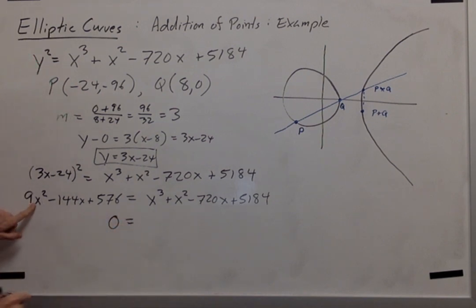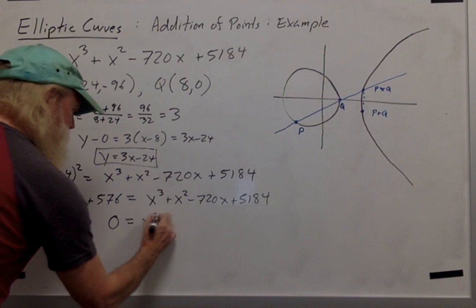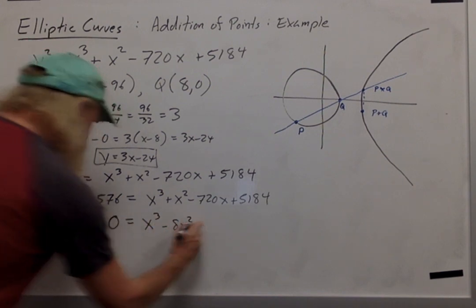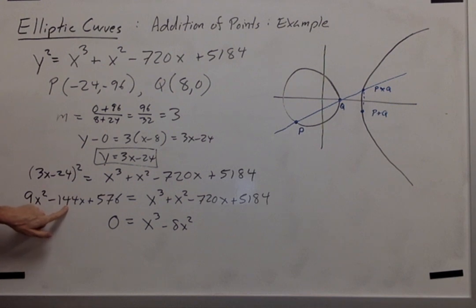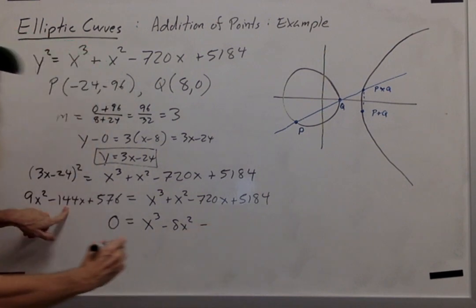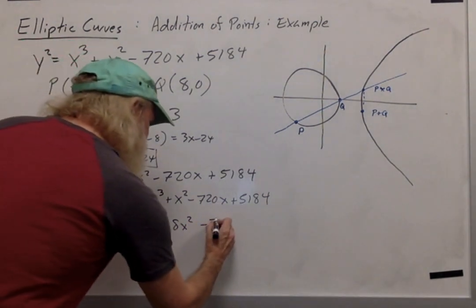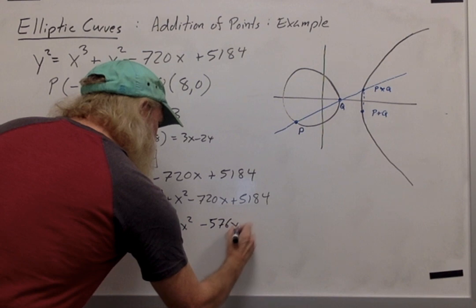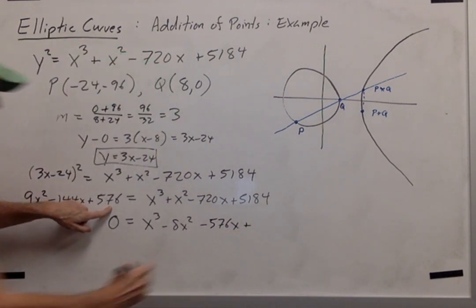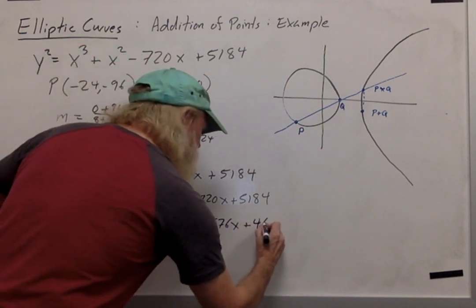So we'll subtract 9x squared from both sides. So x squared minus 9x squared is negative 8x squared. We can add 144x to both sides, which will give us a negative 576x. And we can subtract 576 from both sides, which will leave us with 4,608 right here.